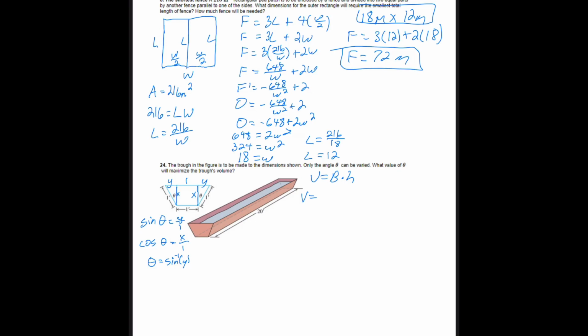So I know theta is inverse sine of Y, and so theta also equals inverse cosine of X.